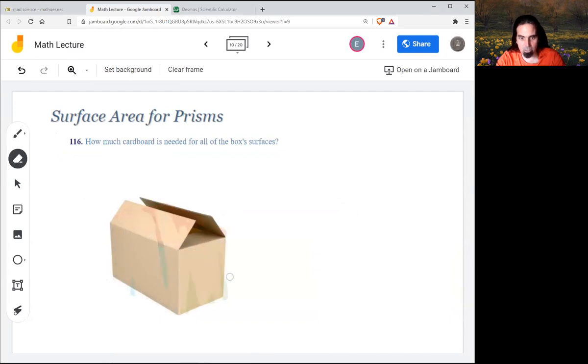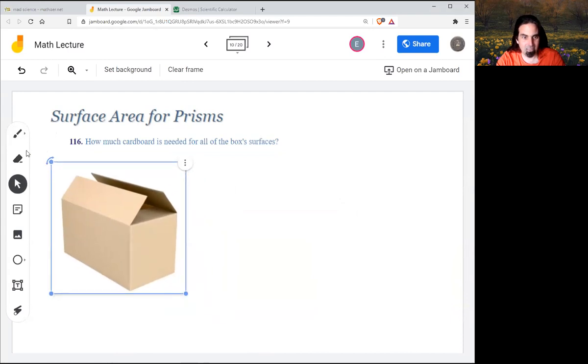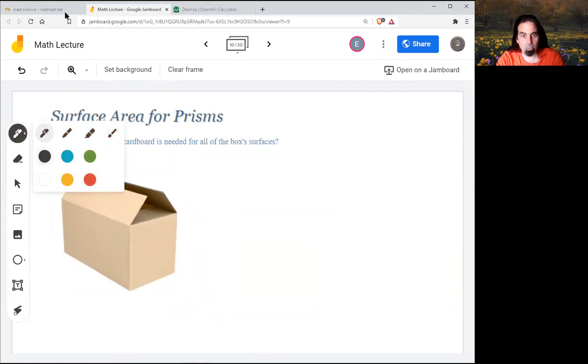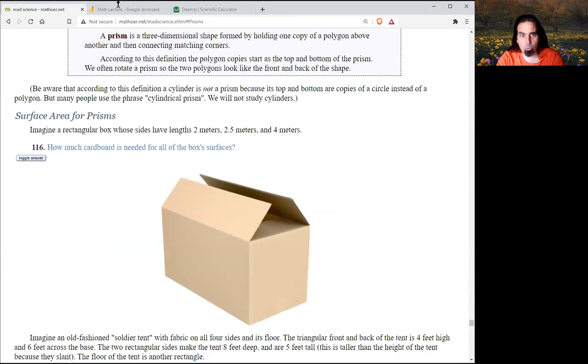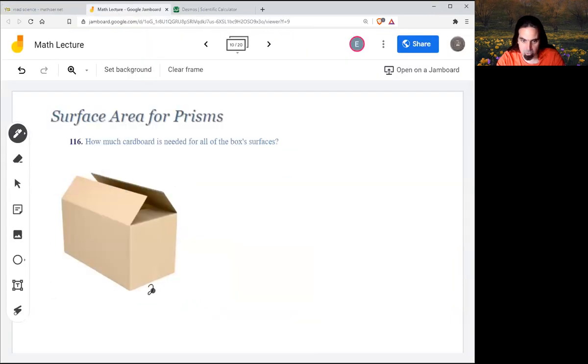So I'm going to erase my annoying colors and label the box. So our box is 2 meters, 2.5 meters, and 4 meters.